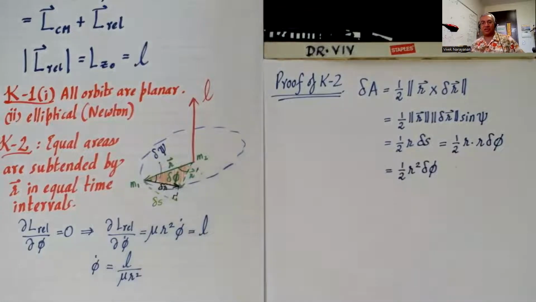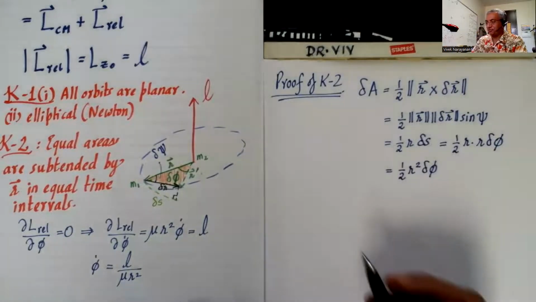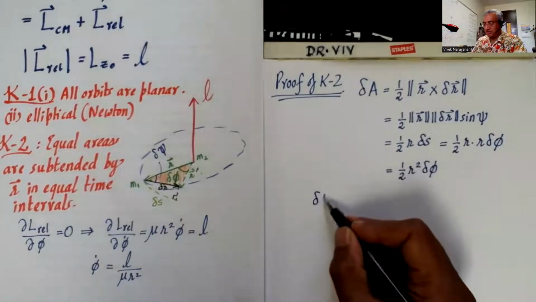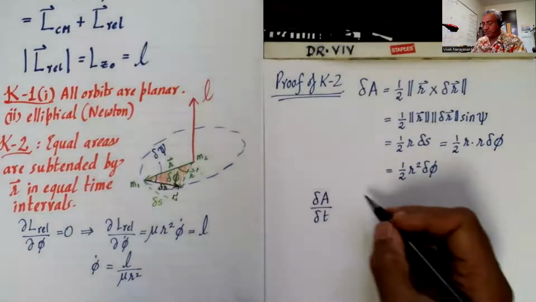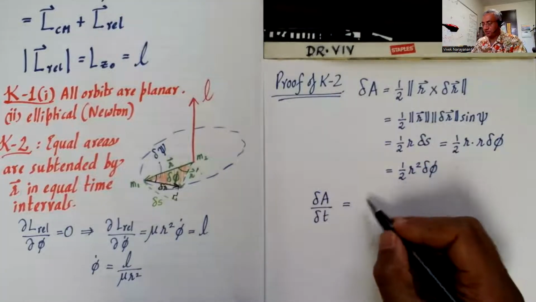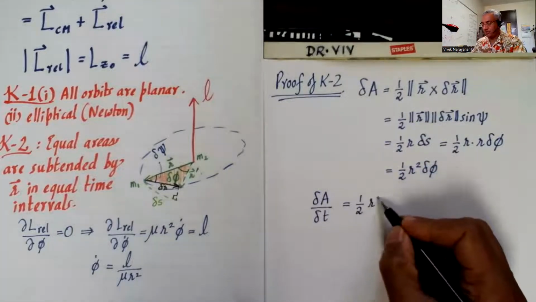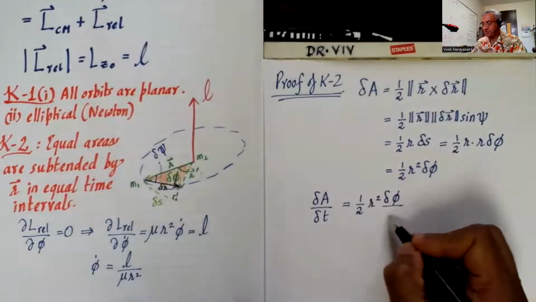Those who thought this was heavy-handed can simply remember the polar coordinate formula for the area of a sector of a circle. It's just 1/2 r squared phi, and take the infinitesimal version thereof. So you can also do it like that. Now, all this is happening over a small time interval delta t, so I'll divide by delta t, and I'm going to get 1/2 r squared delta phi over delta t.